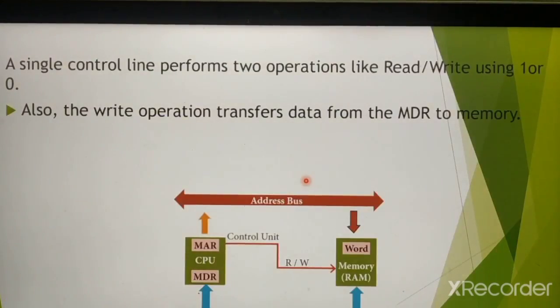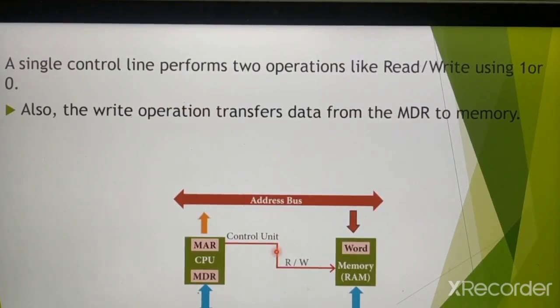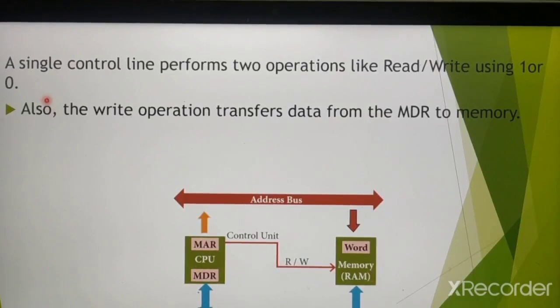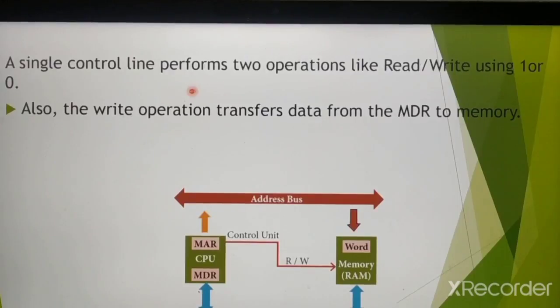Next we can see how this control unit will work. In this control unit, we are having two operations. One is read operation and another one is write operation. Using 0 and 1, it can communicate from processor to memory. So here a single control line performs two operations like read and write using 1 or 0.